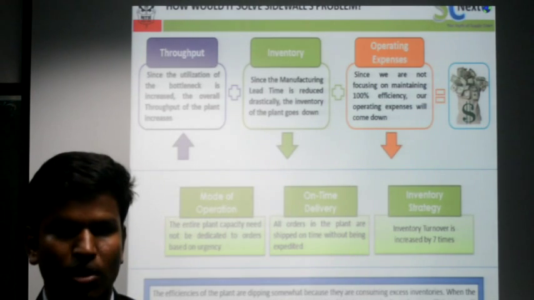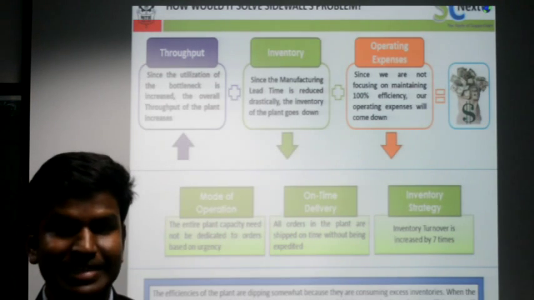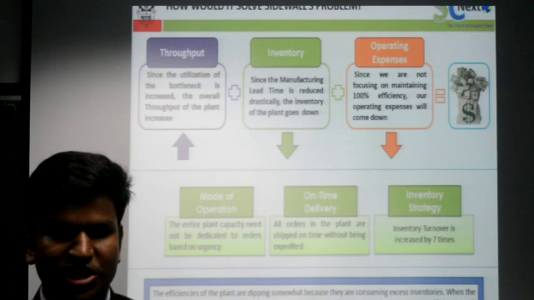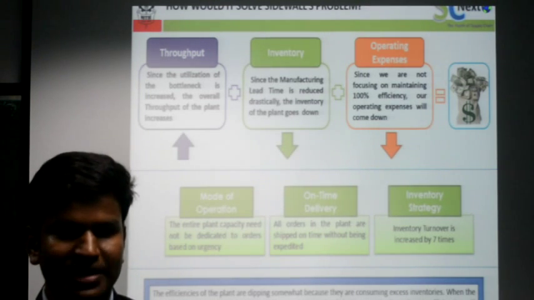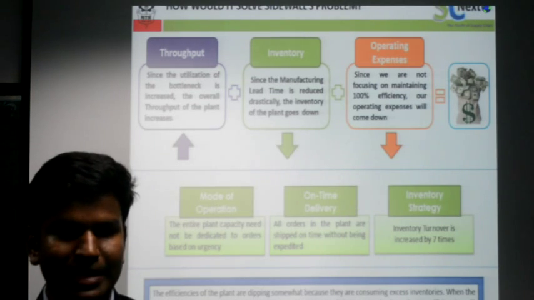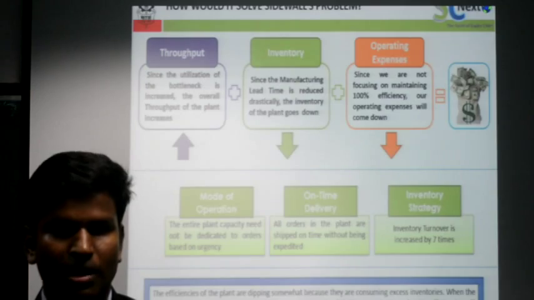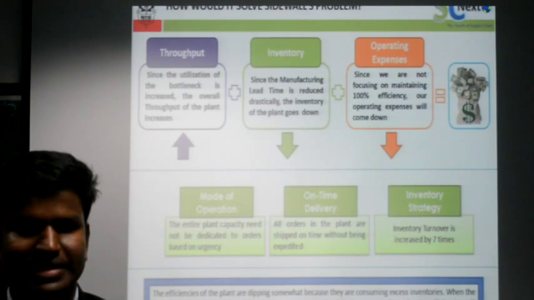Then let's take a look at the new levers. Our mode of operation has now changed from dedicating capacity based on demand on an as-needed basis to sticking to a new fixed plan. All orders in our plant can now be shipped on time without expediting orders, enabling us to achieve an improvement in our on-time delivery goal. And most importantly, our inventory turnover has now increased by 7 times.